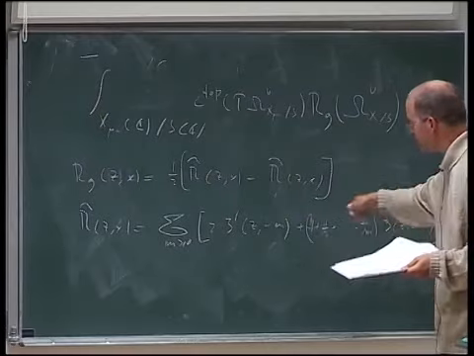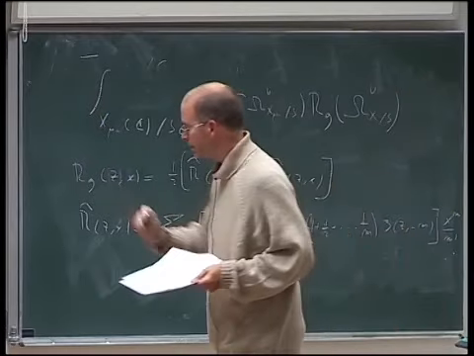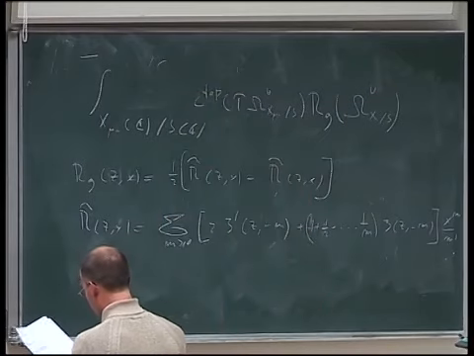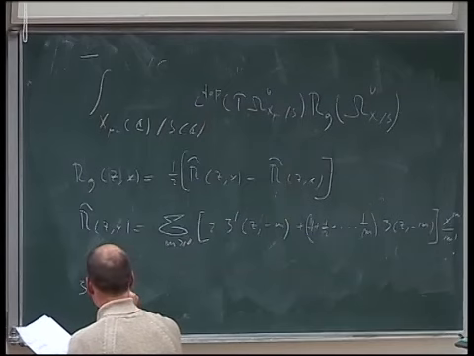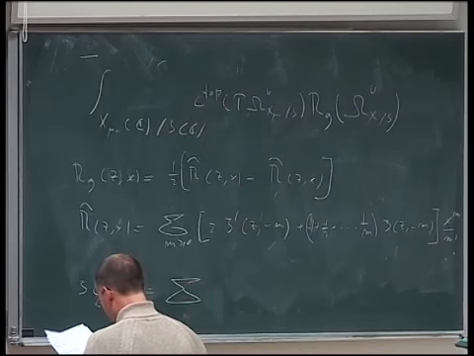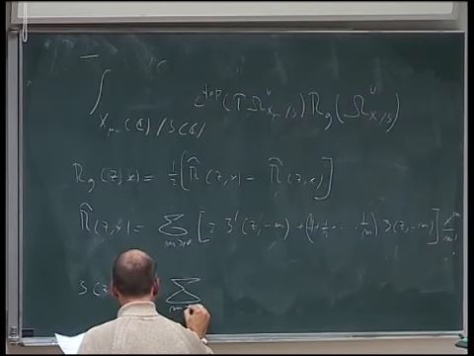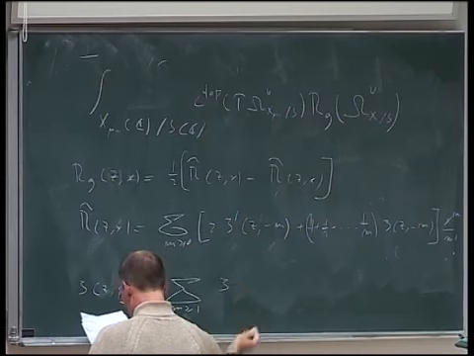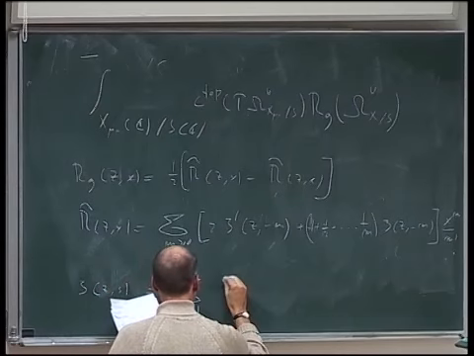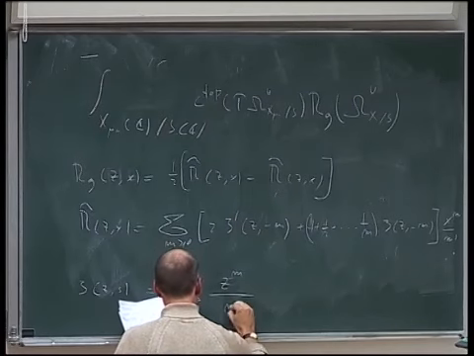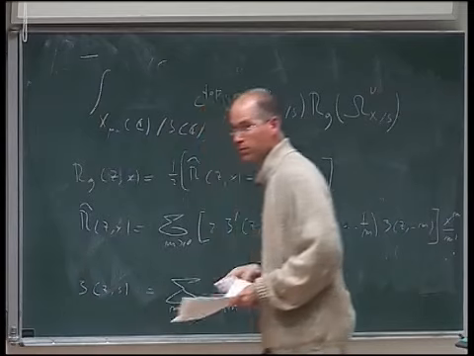And this zeta unfortunately clashes with this zeta, but this is the Lerch zeta function. So zeta of z, s is by definition the sum over m of z to the power m divided by m to the power s. It's a Lerch zeta function.